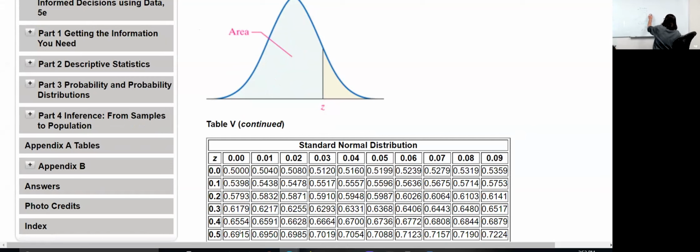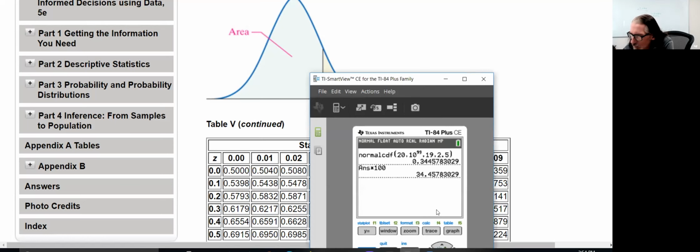So I would have to subtract from 1. I believe that's going to give us 0.3446, which, when we convert that to a percent and round, would be 34.46%, precisely what we got from the calculator.